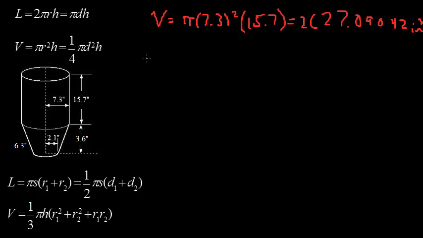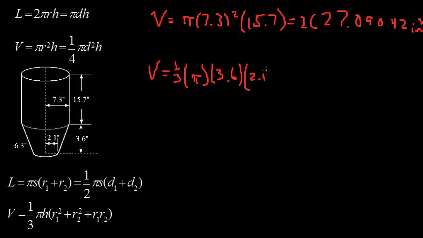The volume of the frustum then, that volume is 1/3 times pi times the height, which is 3.6. We multiply that then by the small radius squared plus the larger radius squared plus the two multiplied together.